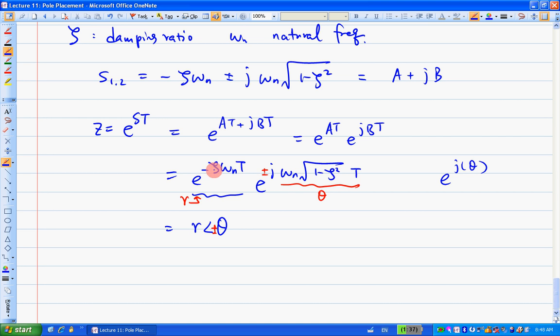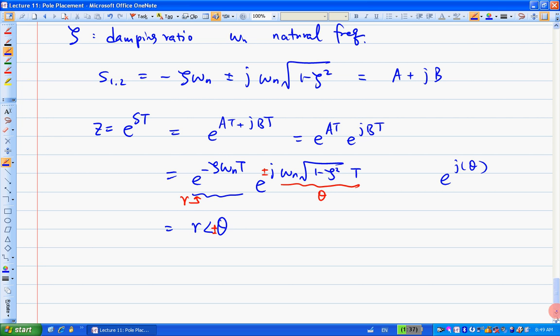So this is r, this is theta. Now, what's the relationship between this r, theta and zeta, omega n? This is the pole related to zeta omega n, and this is the pole r and theta.